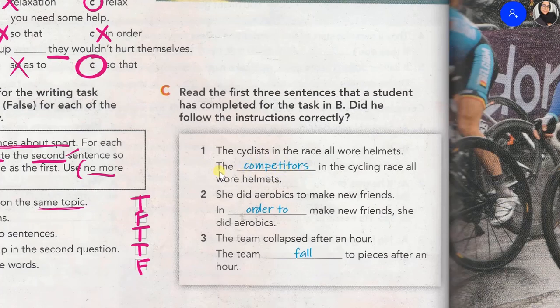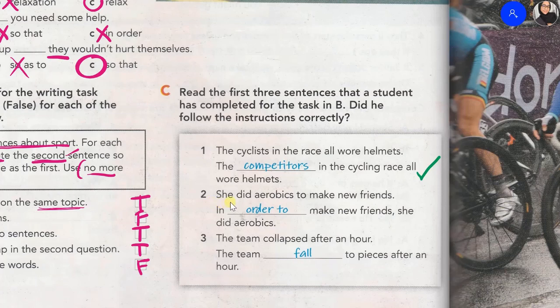So the second sentence is correct because it says the competitors in the cycling race all wore helmets. Cycling race, cyclists, race, all wore helmets. So this one is correct. All right.